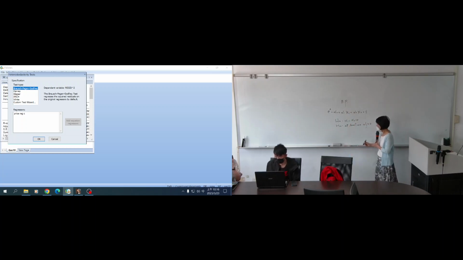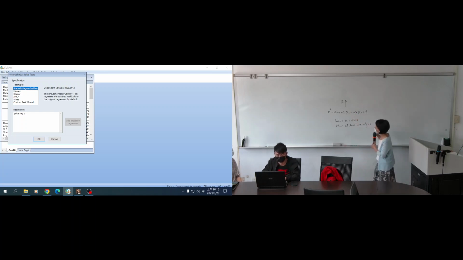And what is the White test? The White test says that just x1 and x2 is not enough. Maybe the residual has a curved relationship with x1 and x2, and this is just a linear relationship, since x1 and x2 are raised to the first power.